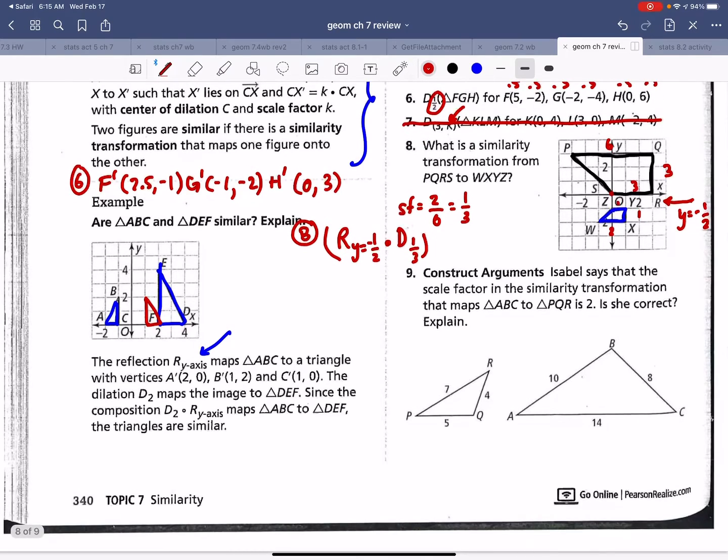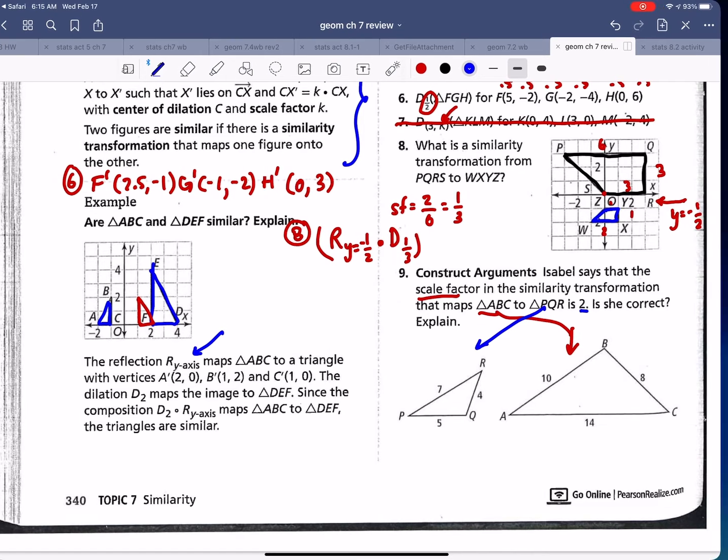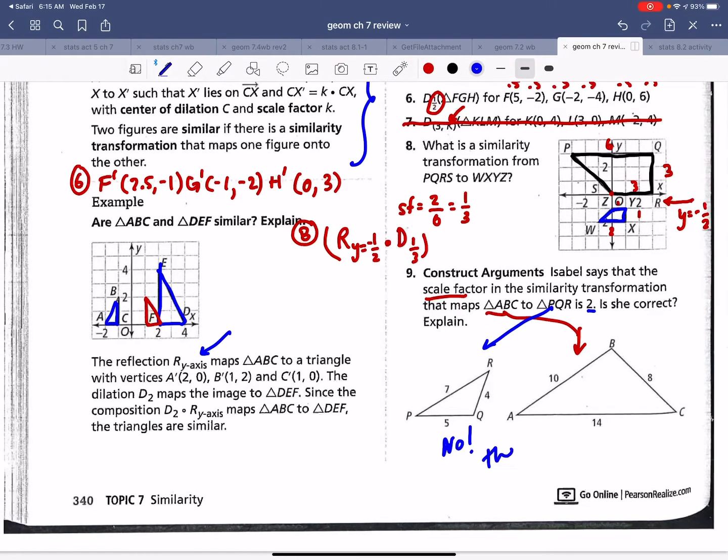It says, Isabel says that the scale factor that maps this one on top of that one is 2. Well, it looks like no. These are not similar. Or maybe they are. Let's try that. This is our biggest angle, so maybe they did rotate this a little bit, right?